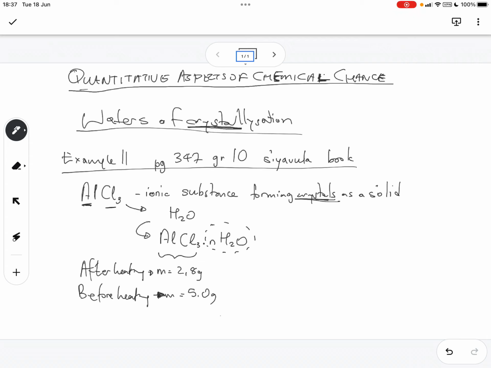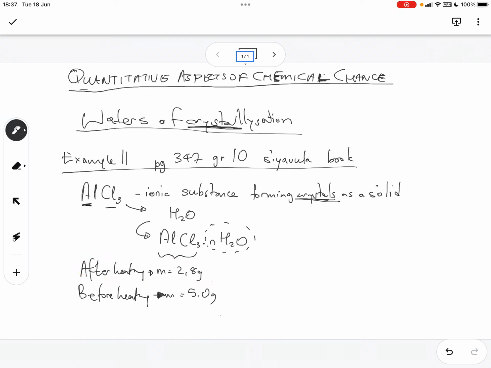So that means before and after heating, there was the aluminium trichloride and there was also the number of molecules of water. When we heat the crystal and water gets evaporated from it, the mass reduces from 5 grams to 2.8 grams.